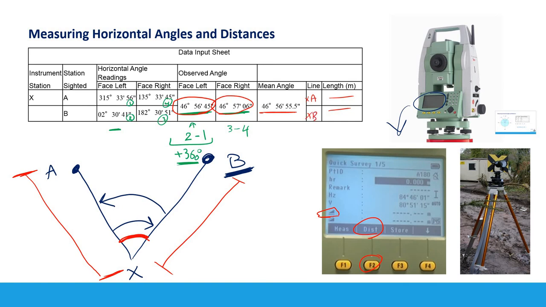Okay guys, I hope that was useful today. In today's session you learned how to measure a horizontal angle using total station or even theodolite twice, from left to right and then from right to left, and then how to calculate the final mean angle.